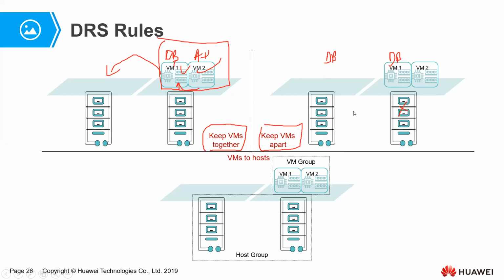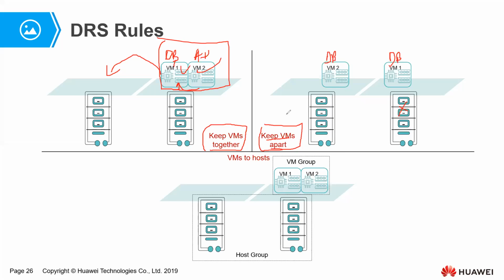Like we studied in science, the north poles, if they are of the same nature, they repel each other. Okay, so that is the keep apart or keep virtual machines apart.